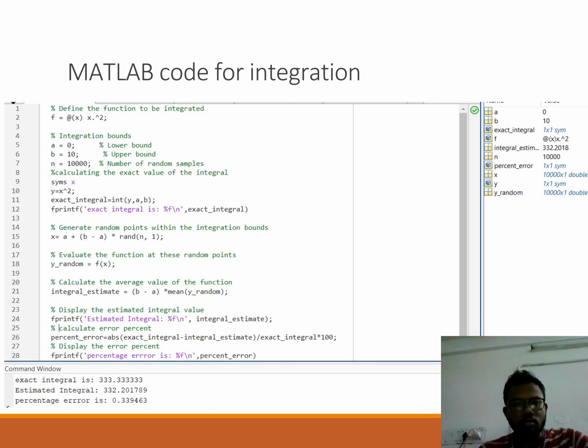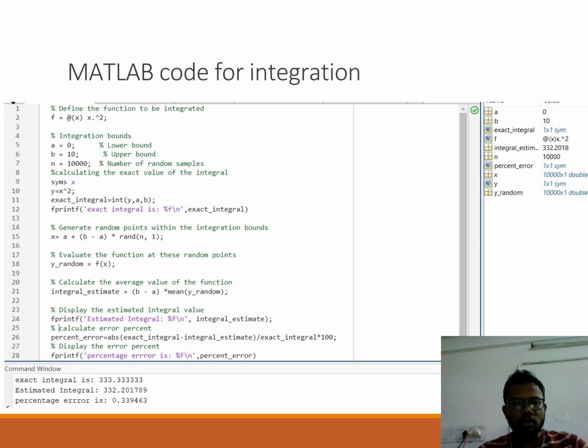Now the lower bound of the integration is a equals 0. The upper bound of the integration is b equals 10. The number of random samples used is 10,000. Now we calculate the exact value of the integral using the MATLAB inbuilt function.